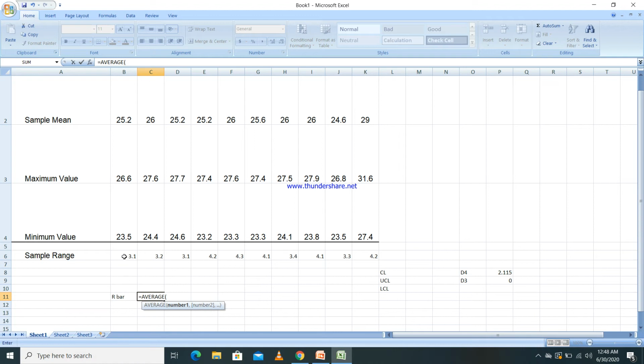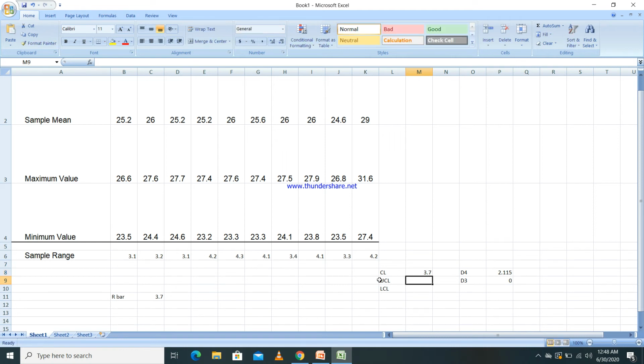You can use the inbuilt Excel average formula. I'm going to select these range values since I'm interested in their average. So the average is equal to 3.7. The average is the central limit, so the central limit is equal to 3.7.